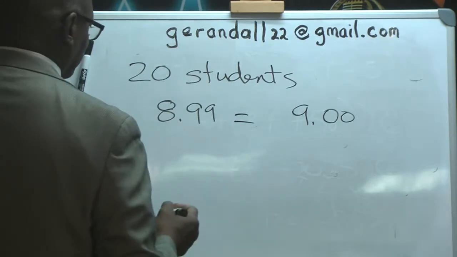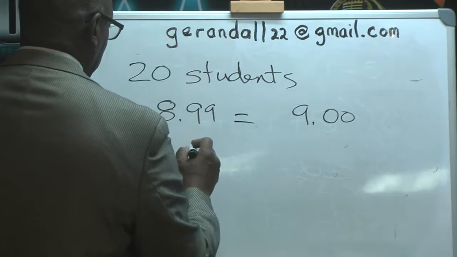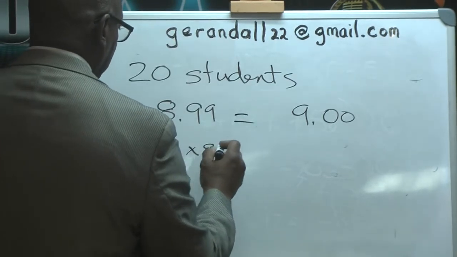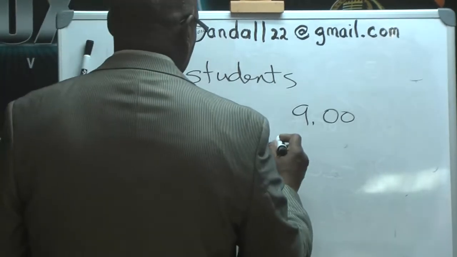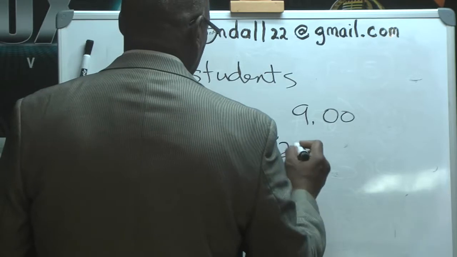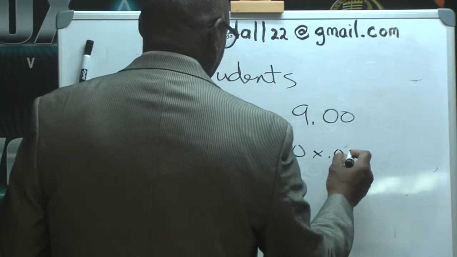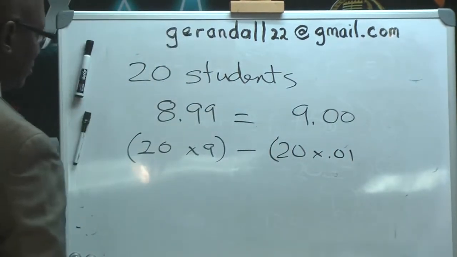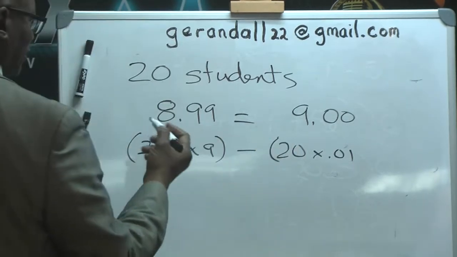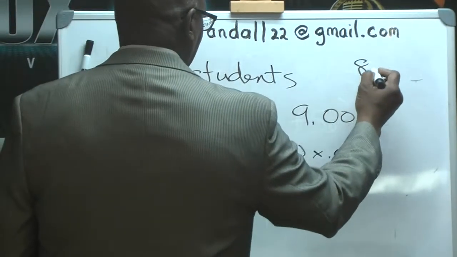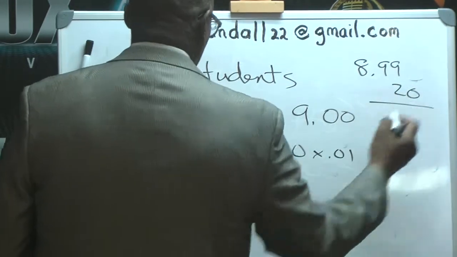So here's the issue. We've got 20 times 9, subtract 20 times a penny. And we can do all this in our head. The other way, yeah, we could do it. $8.99 times 20, we could do it. But look at this.